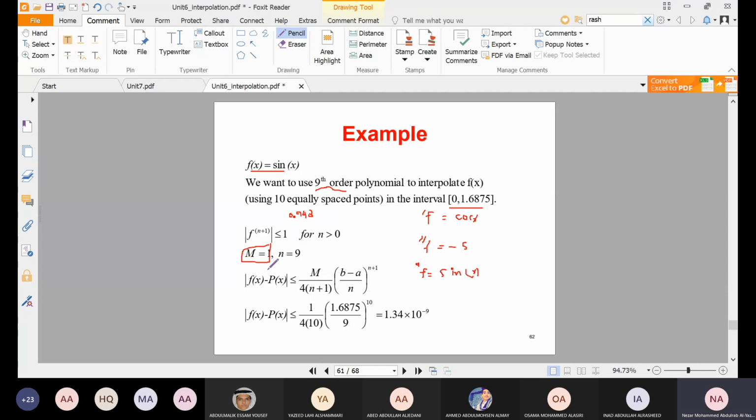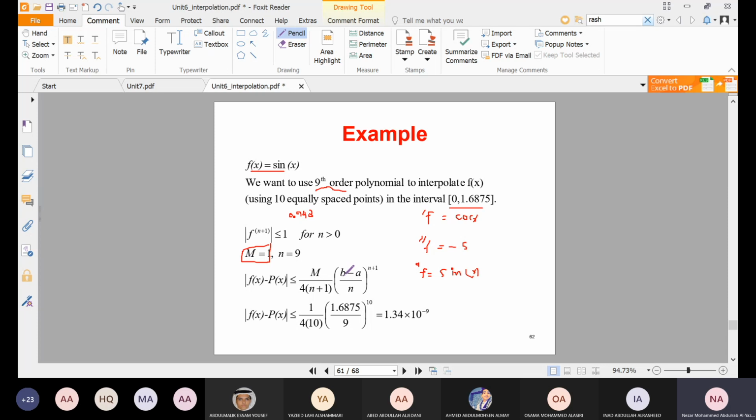Now I just substitute in this form of the error. We have n equal 9, and M equal 1. So I put here 1, and we have 10 factorial.